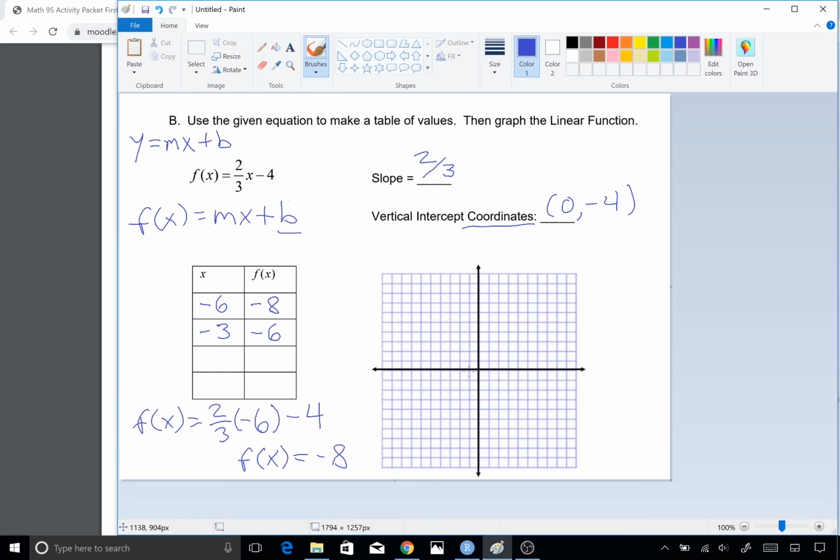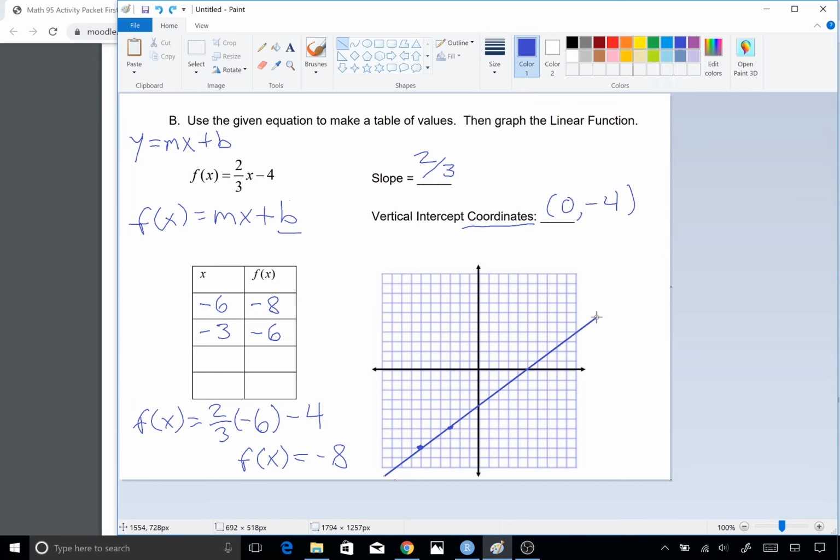So we have the points negative 6, negative 8, and negative 3, negative 6. Now we can connect these 2 points and we're done.